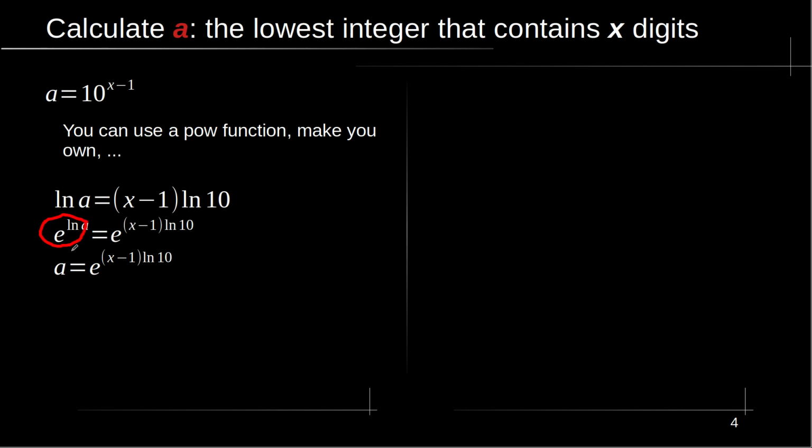Here it will give me a because these two functions, the natural logarithm and the exponential, are inverses of each other. So a is equal to exponential of x minus 1 times natural logarithm of 10.